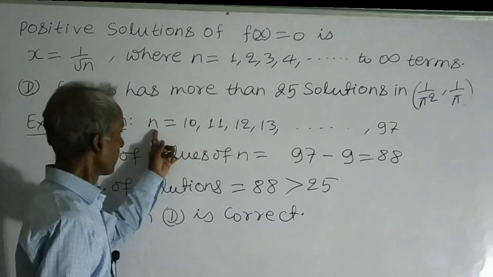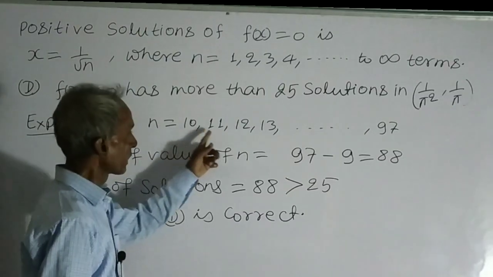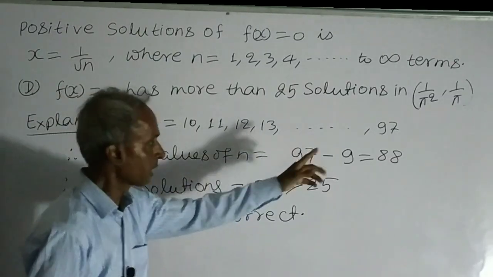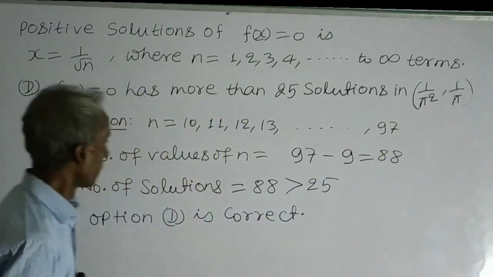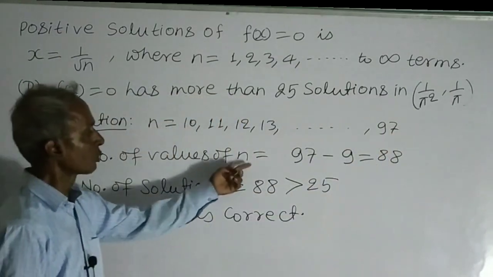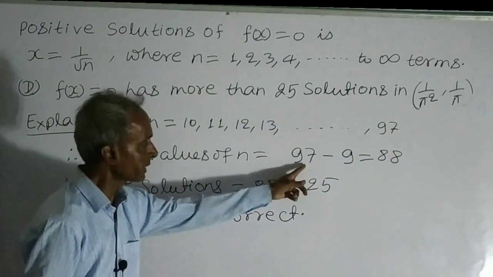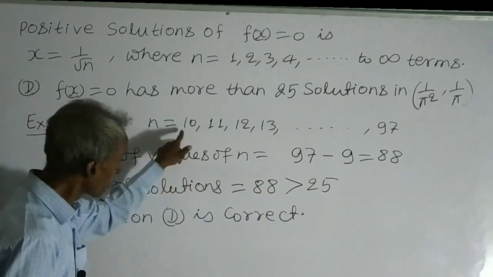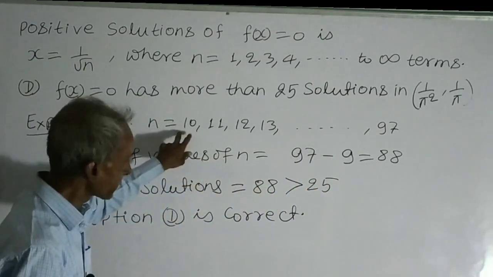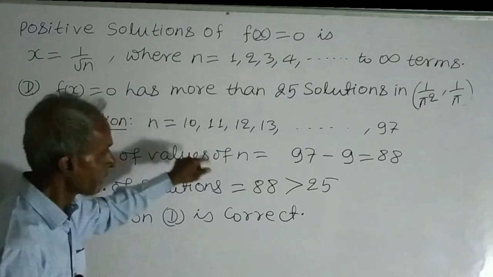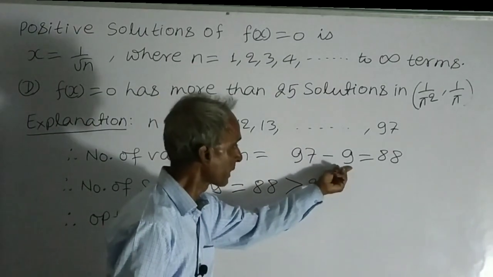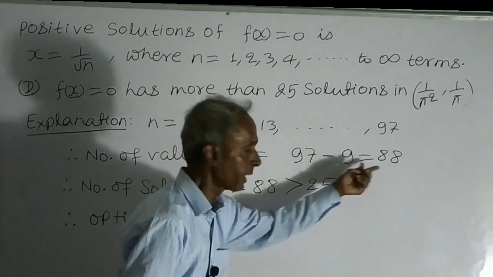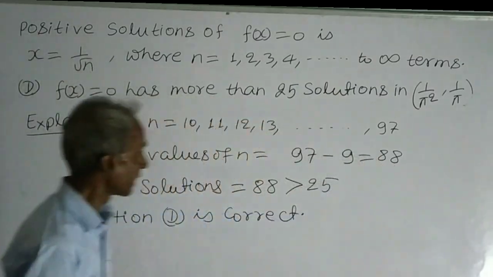Since n is equal to 10, 11, 12, 13 up to 97, the number of values of n is equal to 97 minus the integers from 1 to 9, which are not present here. Therefore we subtract 9 from 97 and get 88.